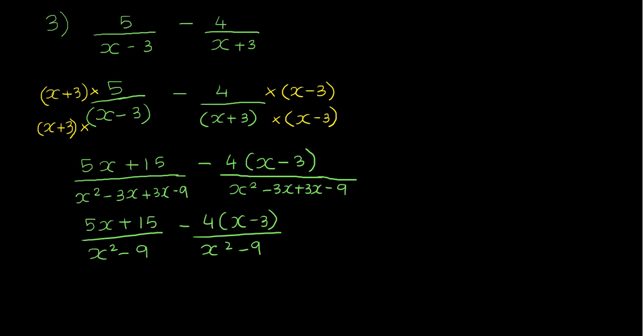I'll try and fit it down. I'm going to write everything as one fraction, so I'll have 5x plus 15 minus 4 open bracket x minus 3, all of it divided by x squared minus 9.